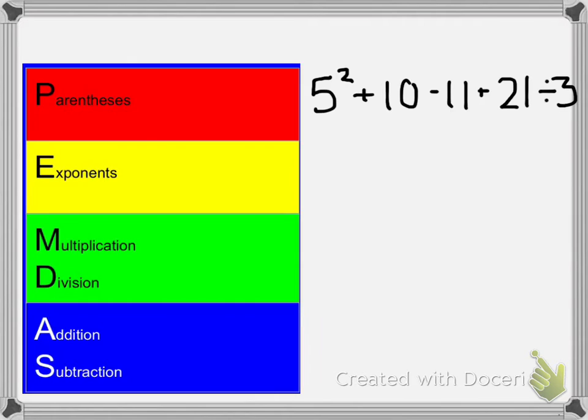Let's try another one. So I'm going to start with parentheses, which is my please. Please, and please excuse my dear Aunt Sally. Now, I don't have any parentheses, so I can skip this step, and I'm going to move right on to exponents.